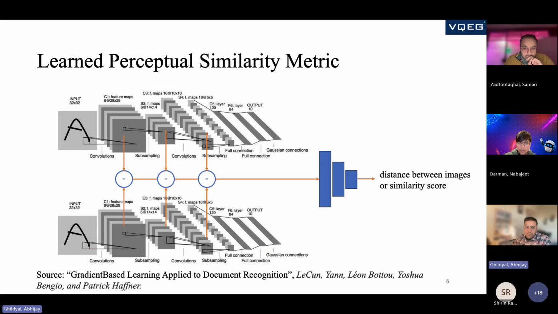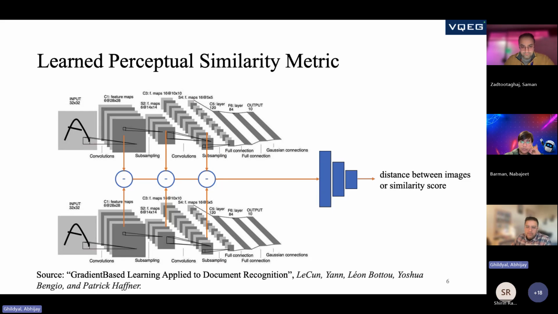So, given these limitations, and also the advent of deep learning, the computer vision community recently developed learned perceptual similarity metrics. These metrics leverage deep neural networks trained on large datasets to model human visual perception more accurately.